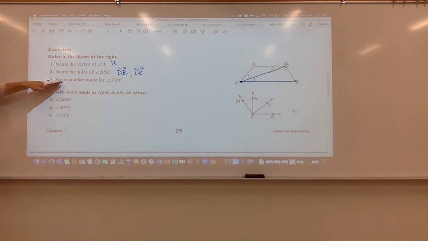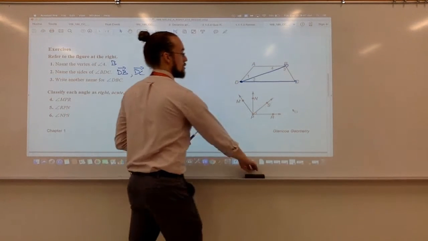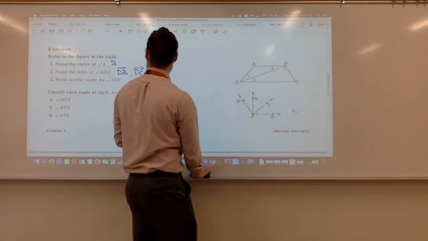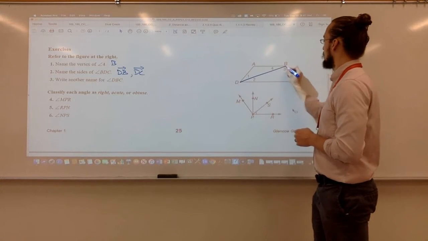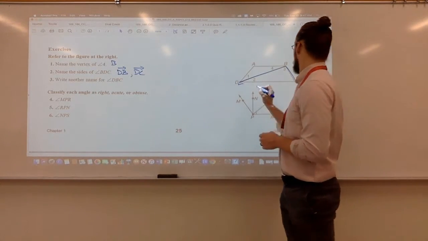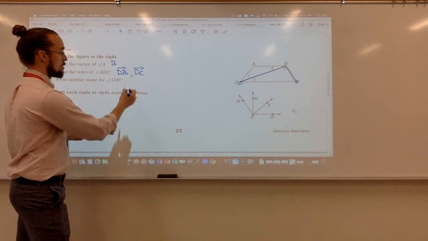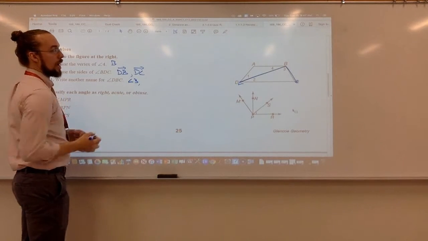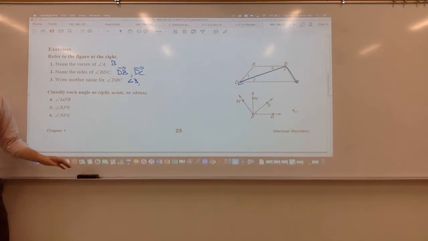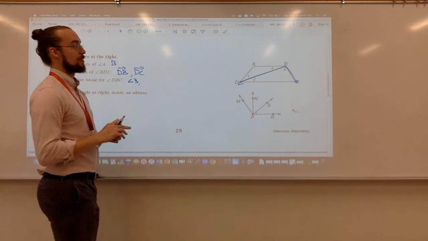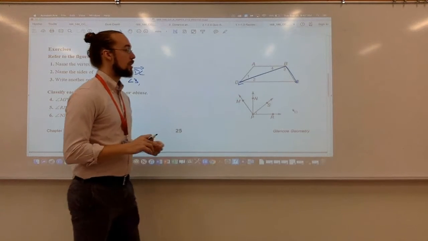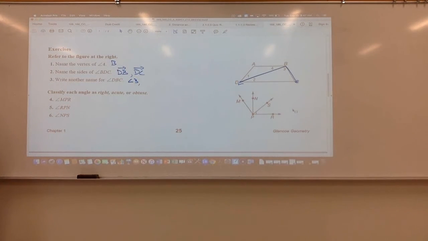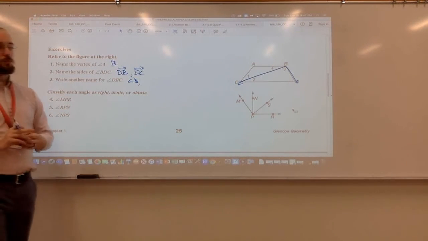Then the last one. Another name for angle DBC. So angle DBC is right here. Angle 3 would work. Angle 2 would not work. Angle 4 would not work.